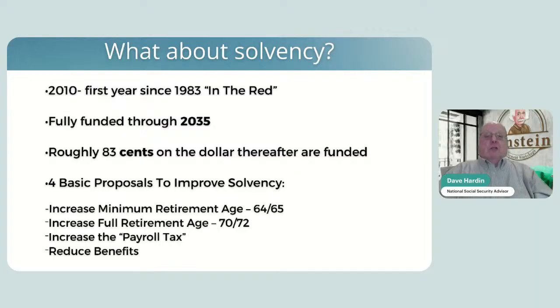So 1955, 66 and 2 months, 1956, 66 and 4 months, and so on until you reach birth year 1960, where it ends up being 66 and 12 months, or 67. And then everybody from 1960 after is 67.